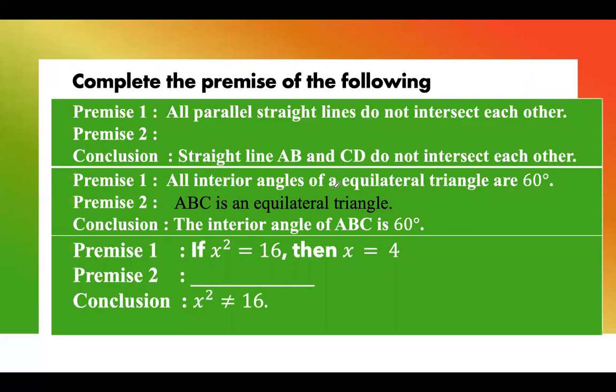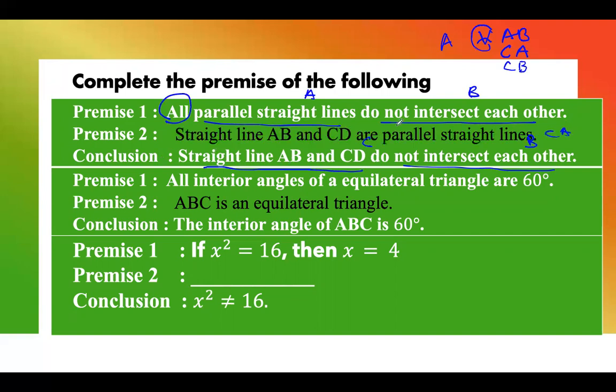Now we go to complete the premises of the following. This is quite challenging, but we just follow the rule, don't worry. The first one: if I see A is B, then C is A, C is B. So this is A, this is B, then this is C, the whole thing is C, B. What is C is A?